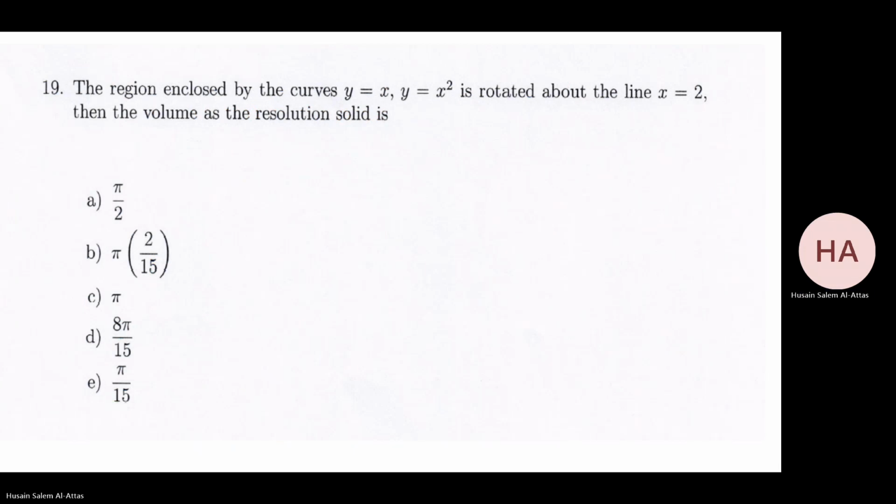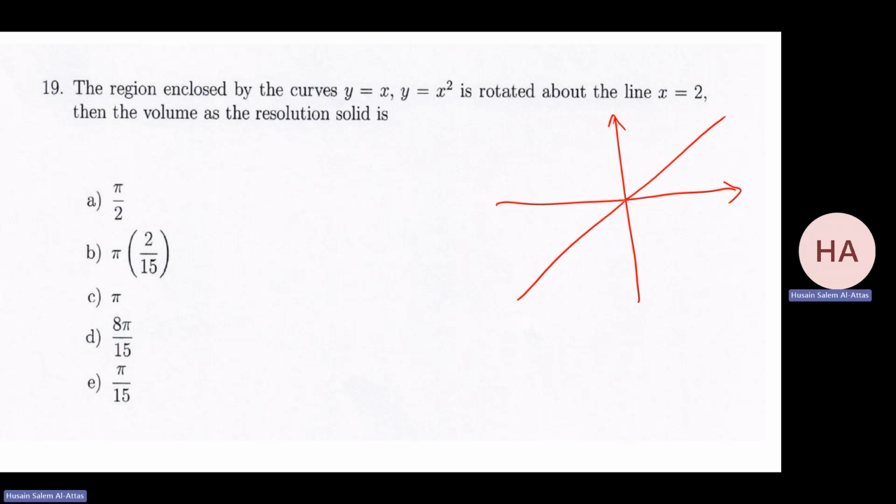Okay. Now rotating about the line x equals 2. So I have the region y equals x, y equals x squared, about the line x equals 2. This is 1, and this is 2, my axis of revolution.